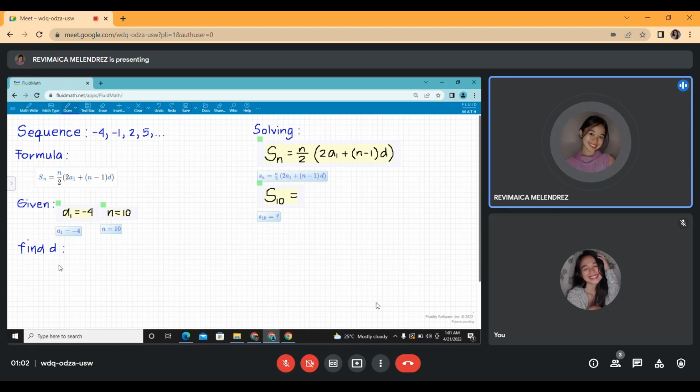In finding the value of d, we will just subtract a sub 1 from a sub 2.